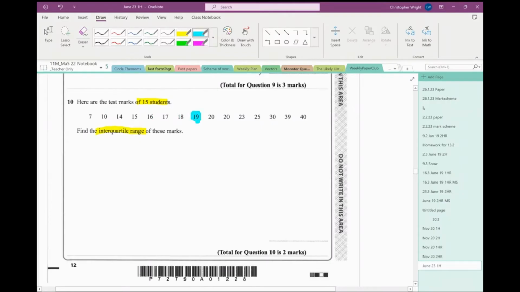That's the median because it's the one with 7 either side. So the lower quartile is going to be 15, the middle term of the first half here, and the upper quartile is going to be 25. So the interquartile range will be 25 minus 15 equals 10.